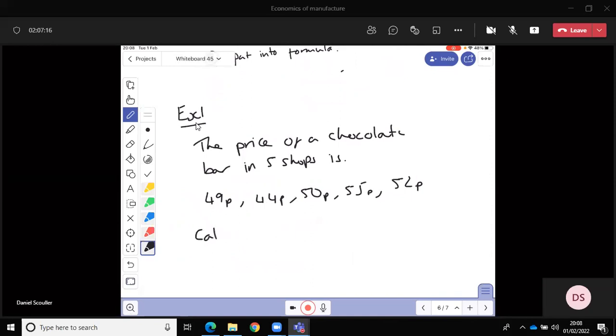Calculate the mean and standard deviation.